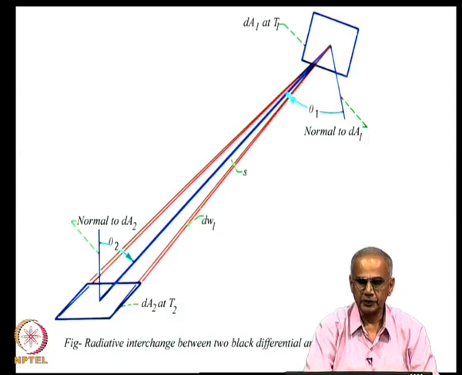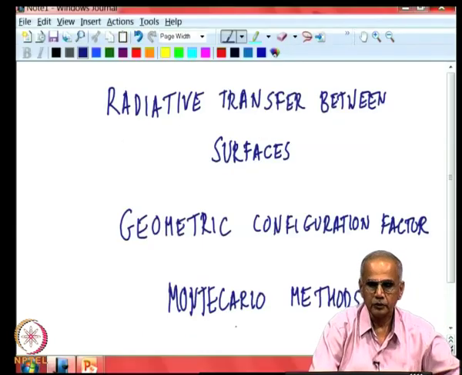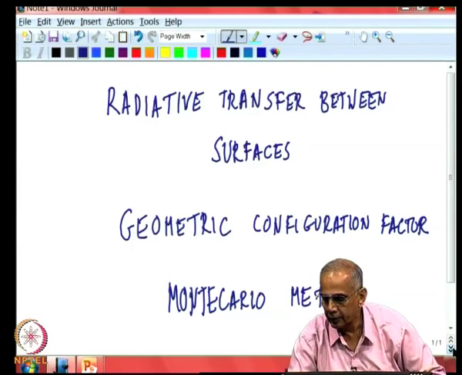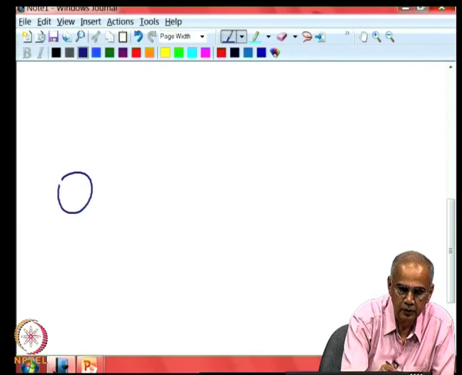So, it is a purely geometric problem, and then in the next few lectures we will discuss techniques of calculating this factor purely from the geometry of the problem. There are several interesting techniques available to calculate this factor, and we will go through those techniques. Now, let us derive this expression for the geometric factor, and so now I will draw a simple figure to remind you of that situation.